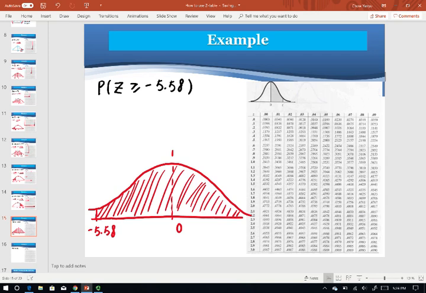Okay, and it should be 0.5 plus the table value. However, we don't have 5.58 in the z-table. The biggest one is 3.09. So you can either use 0.5 plus this number, or you can simply say it's almost 1, because the picture can tell you it's almost everything.